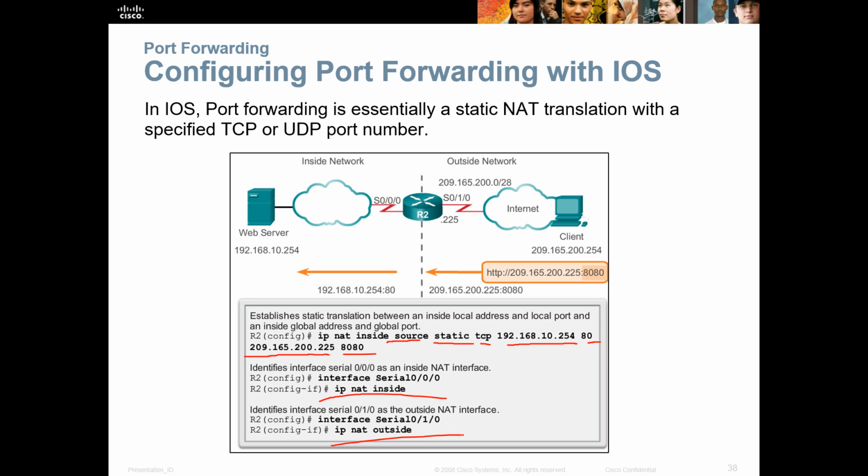And then again, apply NAT to the appropriate interfaces so it knows where the translation will occur. That way, anything coming in on port 8080 will automatically be forwarded to that port and sent directly to that address.